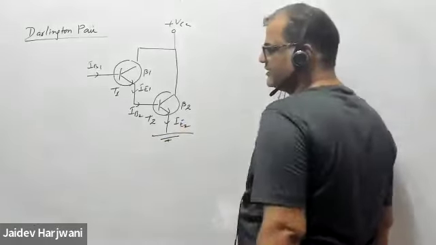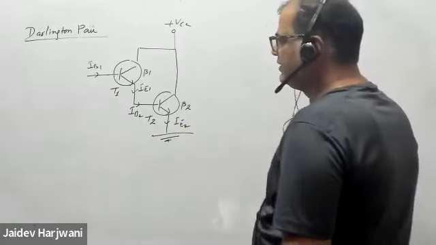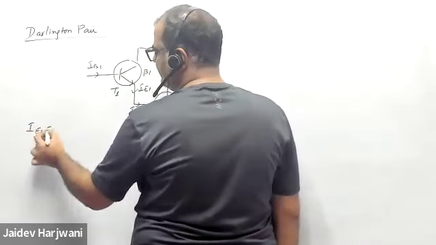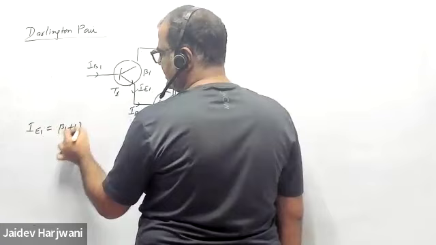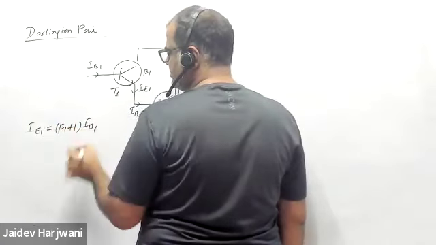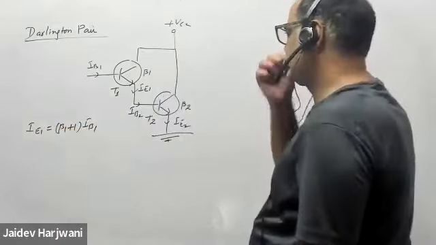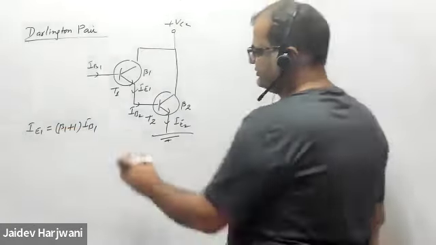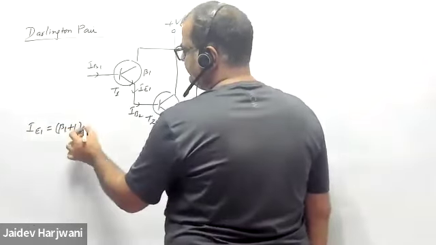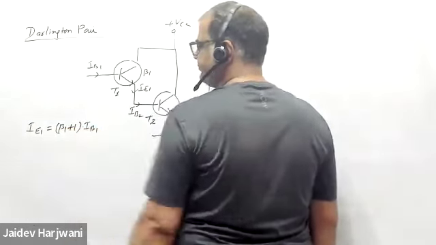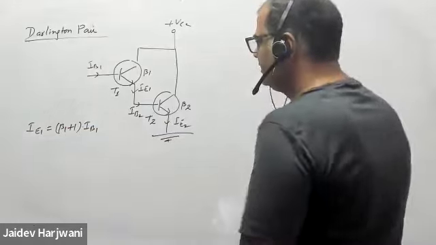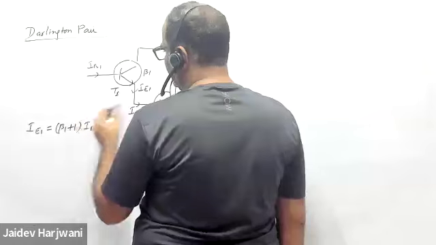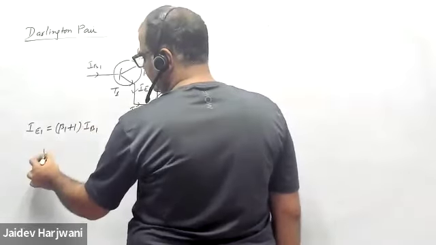IE1 will be beta 1 plus 1 times IB1, for the first transistor.